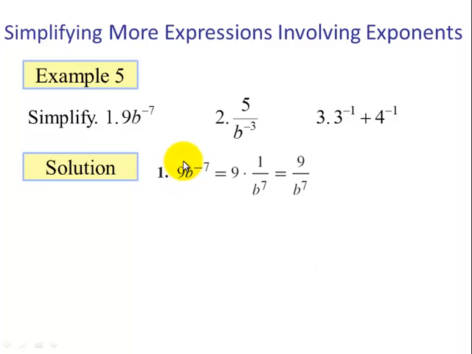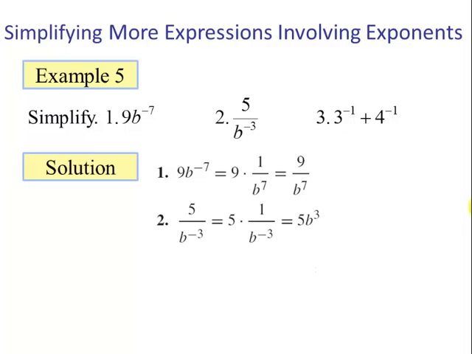For the base of 9, the exponent is a positive 1, so it's okay. For the b, it has a negative exponent, so since it's in the numerator, we send it down to the denominator, and that is equal to 9 over b to the 7th. The b now has a positive exponent.